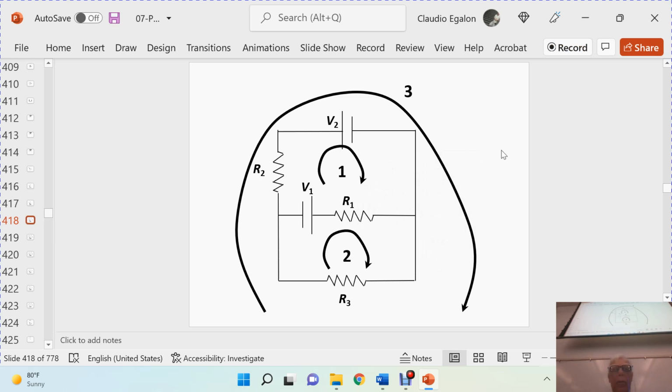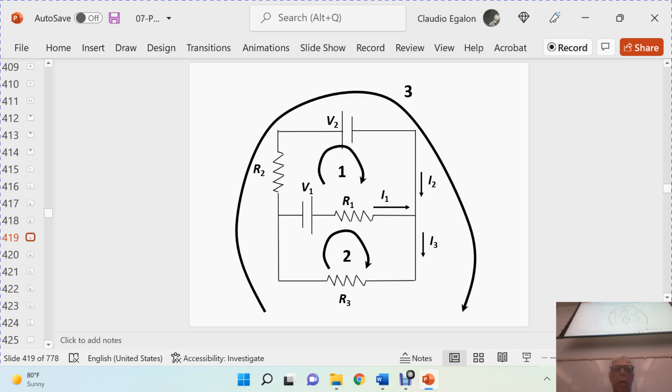And now we go for the currents, right? Step by step. Well, that's a node. That's one node. We can set up the currents in whatever direction you want.